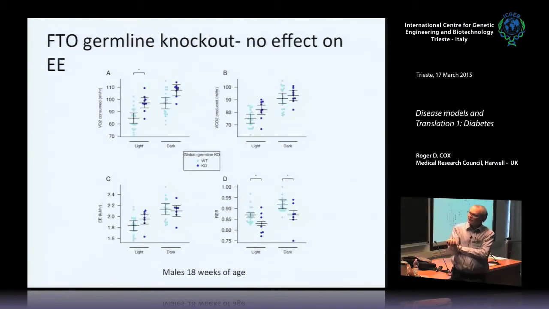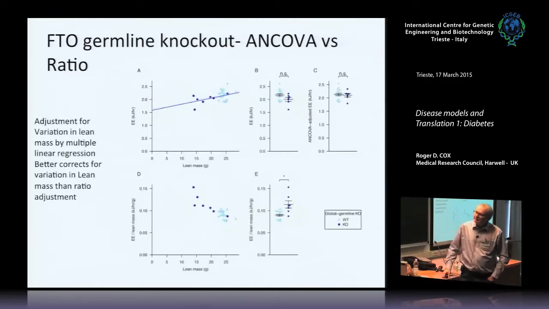We saw no difference in energy expenditure. The RER is calculated using these values and some other values so that you can estimate substrate utilization in these animals. So there's a trend towards fat metabolism in these animals.